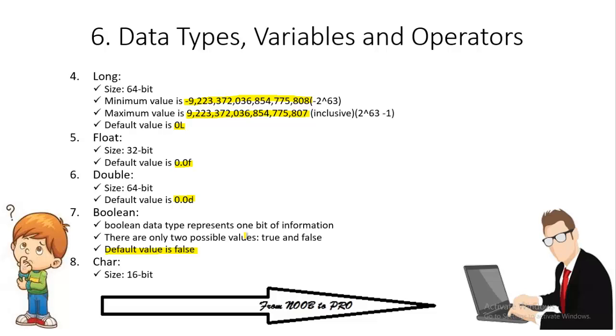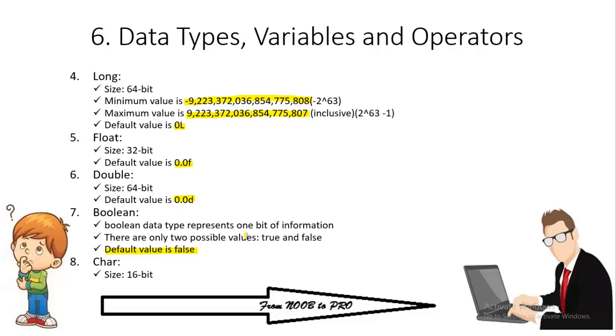Okay, so the only alphabetic primitive data type is char or character, which can store a character in it like A, B, C, X, Y, Z, or any character. For this kind of data, we use the character data type or char.